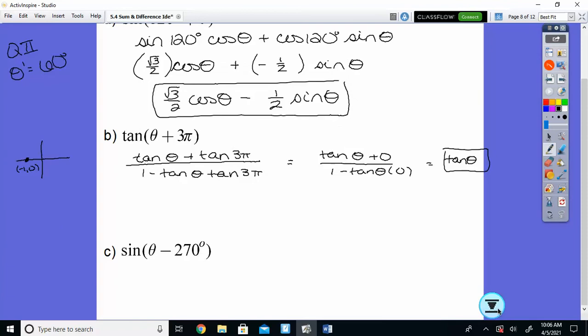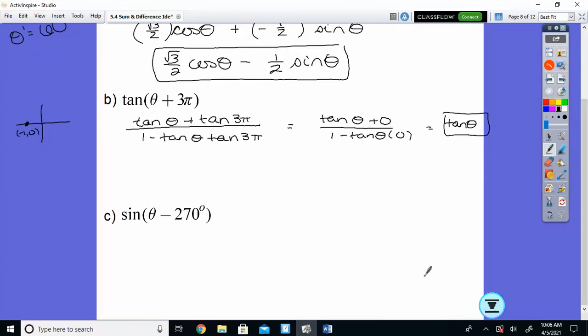One more. Sine of theta minus 270 degrees. So this is the sine difference formula. So sine of the first, cosine of the second, minus cosine of the first, sine of the second.